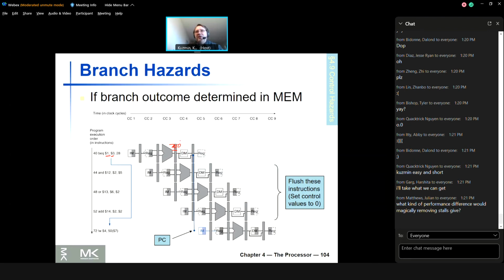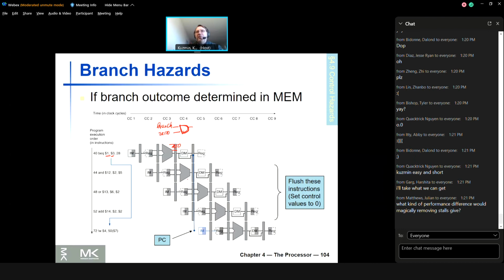Then there is this AND gate with the branch control signal, which is based purely on the opcode of the branch instruction, and this 0 flag. So we are taking the branch only if both are 1, right? That's our typical initial scenario.